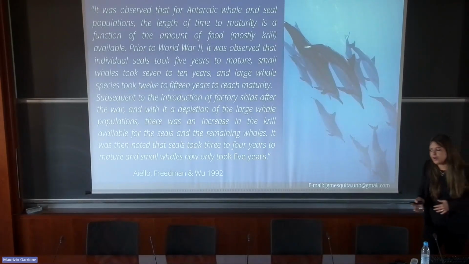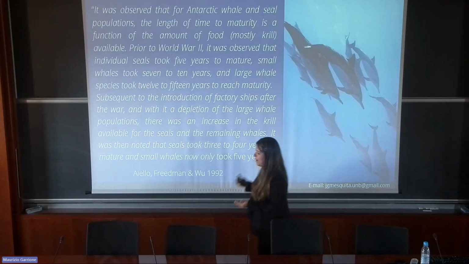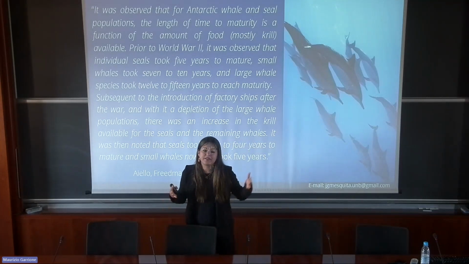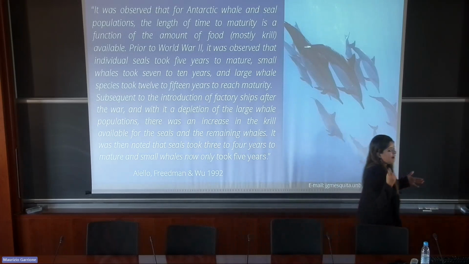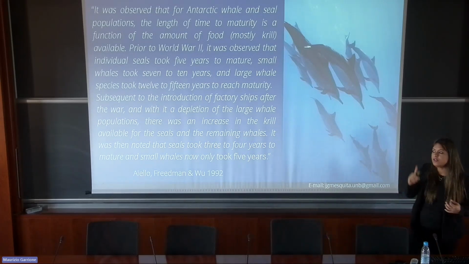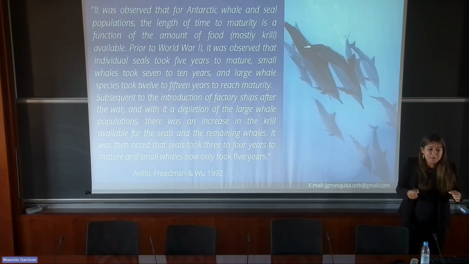Okay, but later, some researchers realized that, very nice, we needed to consider the time in between the birth and entering the maturation process. However, it's important to mention that not always will species have the same time in between birth and entering the maturation process.